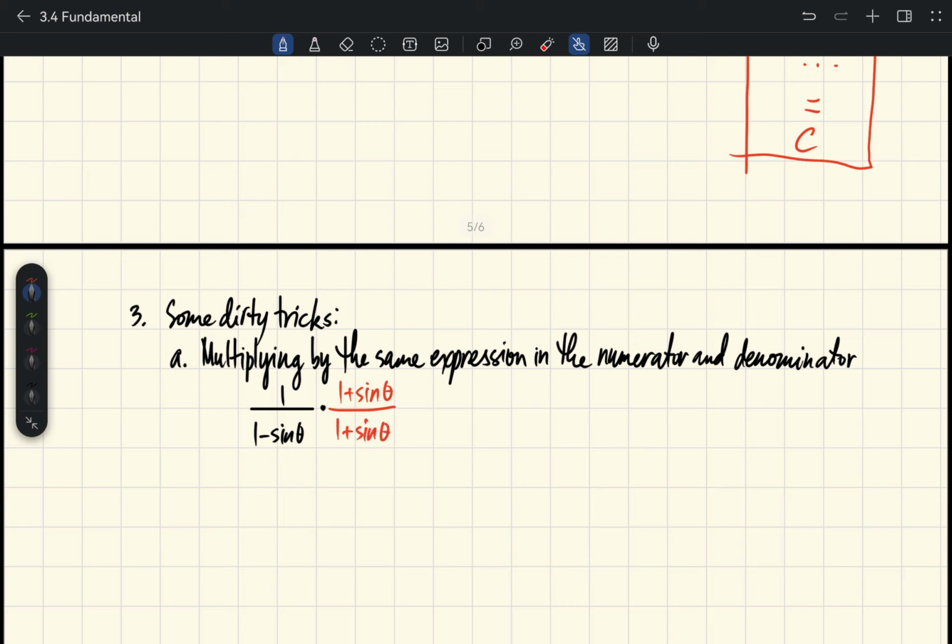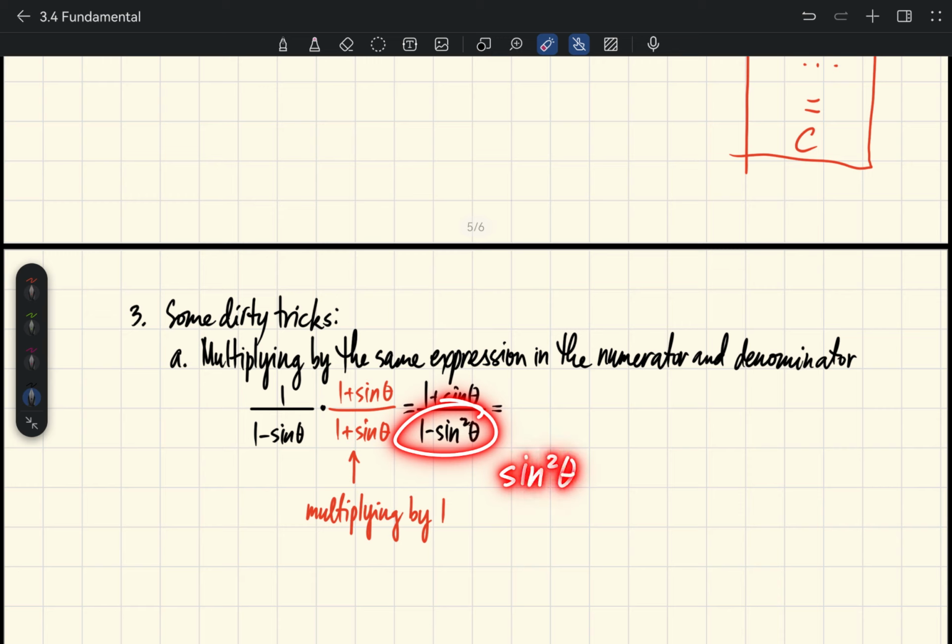Why is this one valid? As you can see, you have the same thing in the numerator and denominator. So basically, what we're doing here is we're multiplying by 1. So by doing this, in the numerator, you already get 1 plus sine theta. And in the denominator, you have 1 minus sine squared theta. And this one right here, observe that we have this identity, sine squared theta plus cosine squared theta equals 1.